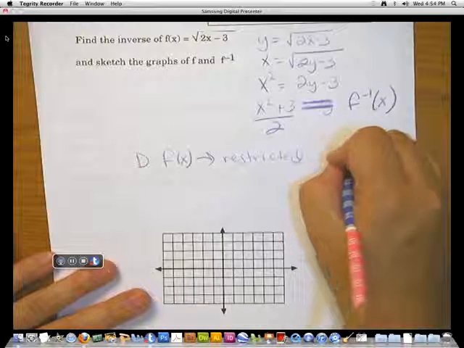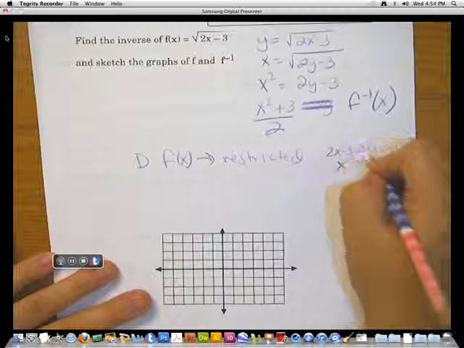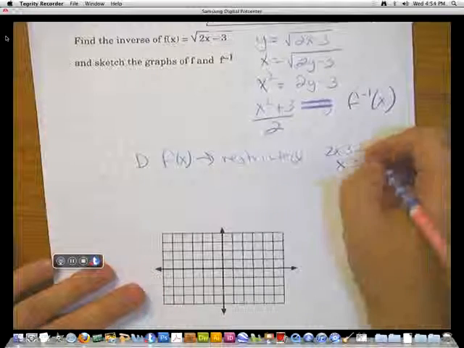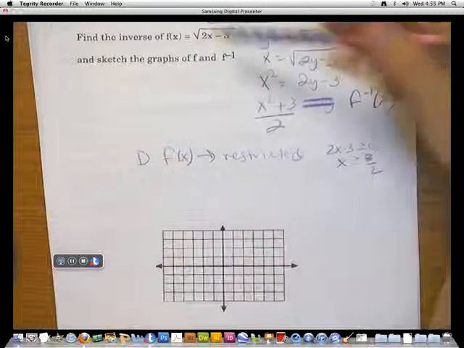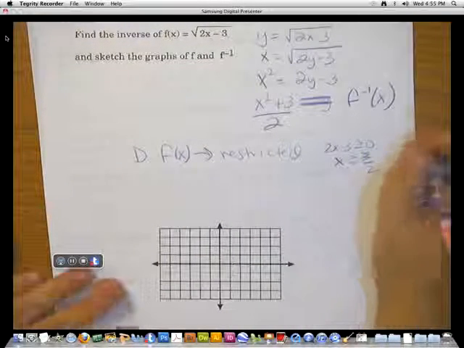If I put that in, 2x minus 3 greater than or equal to 0, we add the 3, divide by the 2, we get that the domain of our original function was restricted at 3/2.